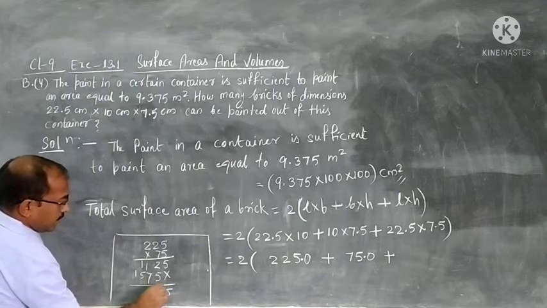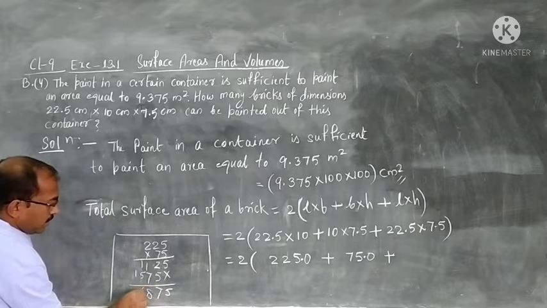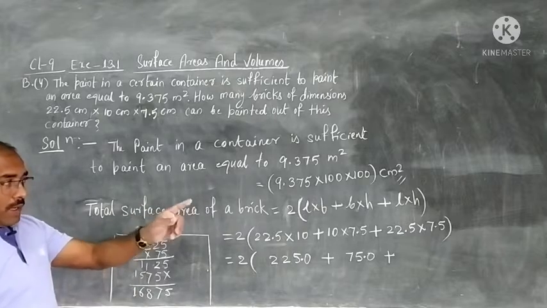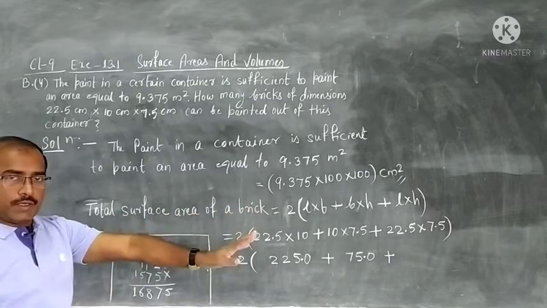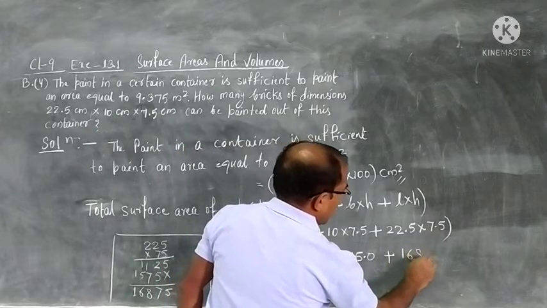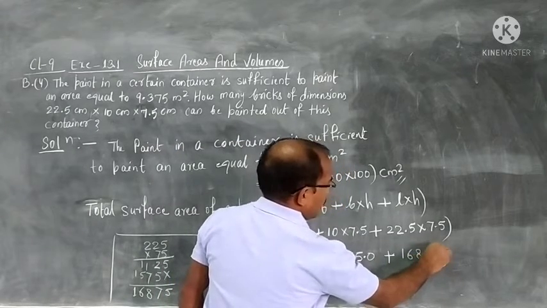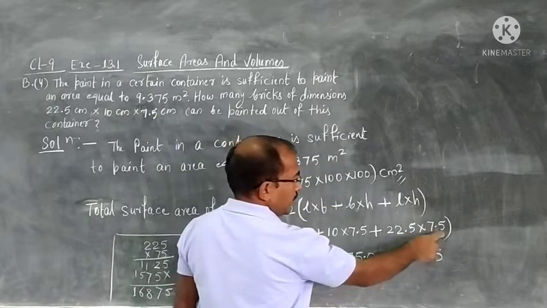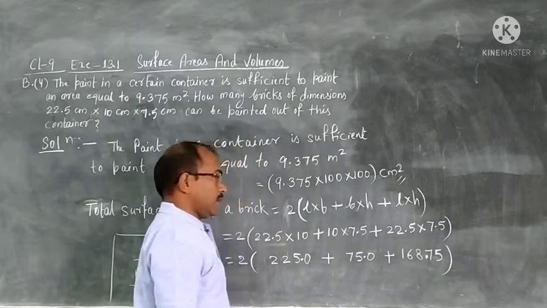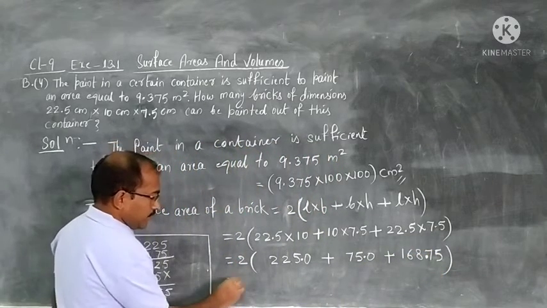So 5, 7, 8, 6, 1. So we get 225 into 75. Decimal we will put later. We get 16875, and here we have decimal after 2 digits, 1 digit in both the numbers. So 168.75.